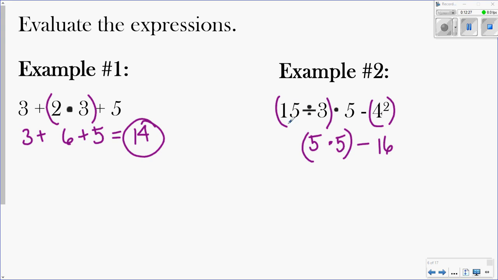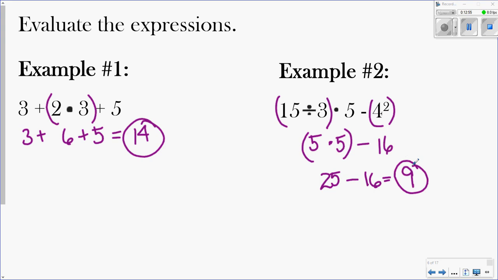So in this case, I did division first. So I'm going from left to right. So I did the division first, and then I did the multiplication. I also had to get rid of this power so that I can simplify it. And the last thing I would do is subtract. So once I divide, then I multiply, so I get my 25, subtract 16, and then I get my answer of 9.